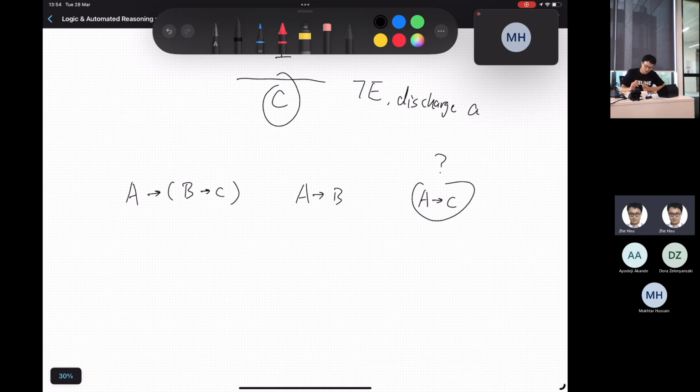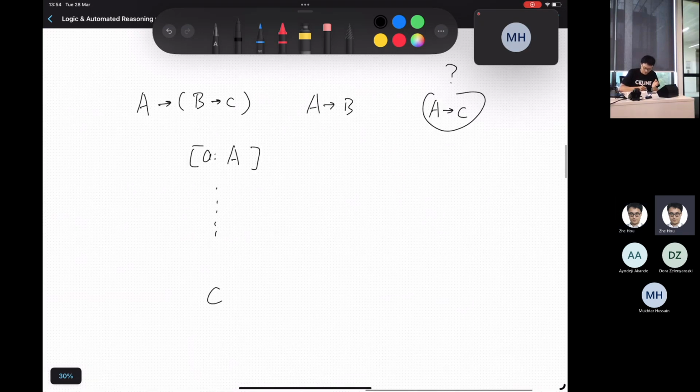Now what we want to know is A implies C, so we want to introduce that implication. How do we prove that A implies C? We assume that A is true, and through some reasoning, if we can derive C, then we can conclude that A implies C.